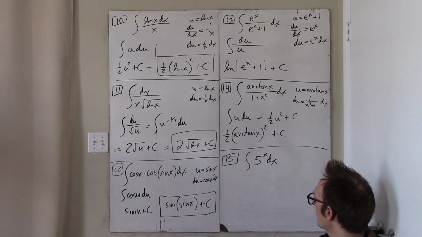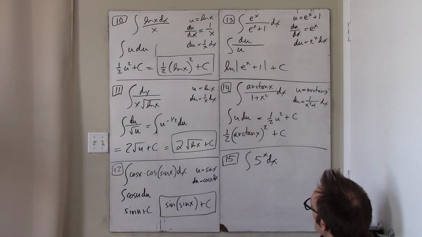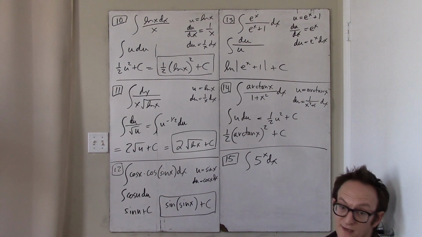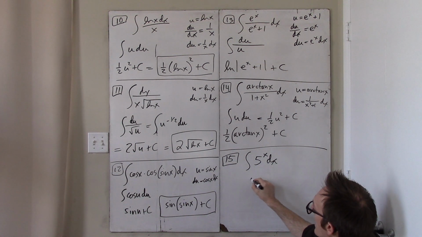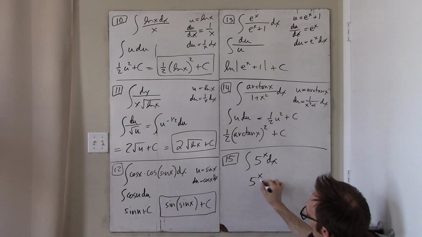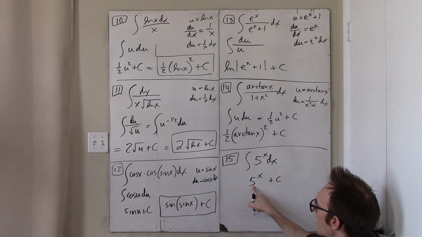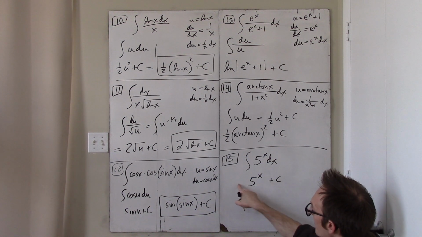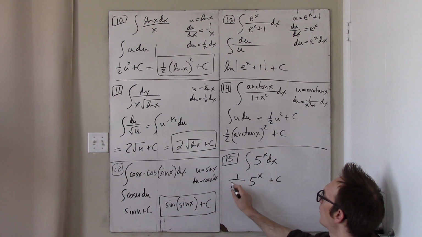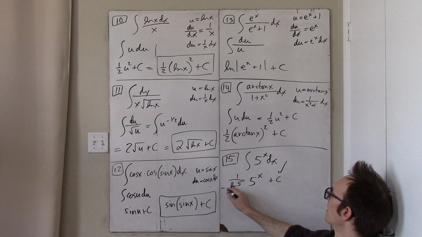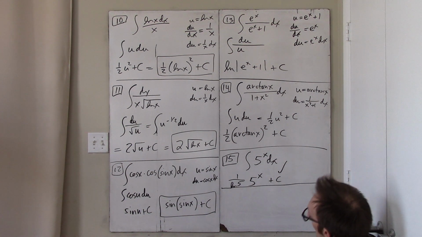So you might be tempted to just do this all in one step, because the derivative of 5 to the x is, roughly speaking, 5 to the x, give or take a constant. So the answer is kind of like 5 to the x plus c, but not quite, because when you differentiate this, you get this extra ln 5. So if you throw in a little 1 over ln 5, now it's good. And that's totally correct.